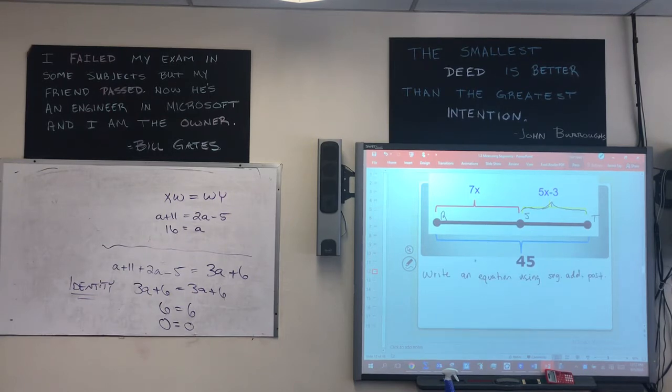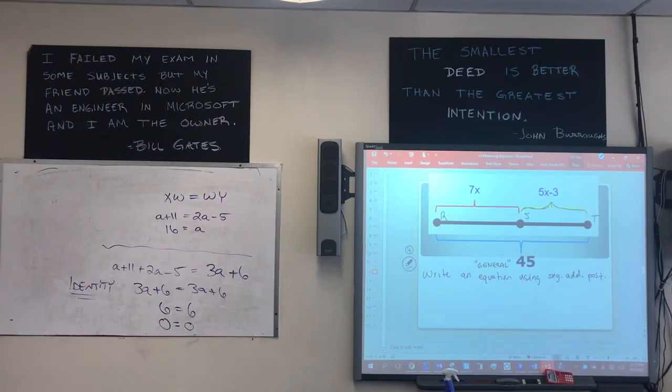And right above equation, I'm going to write the word general. Just a general equation, meaning not a specific one, not one that uses 7x, 5x minus 3, and 45, but a general one that uses RS, ST, and RT. Is that going to make sense?